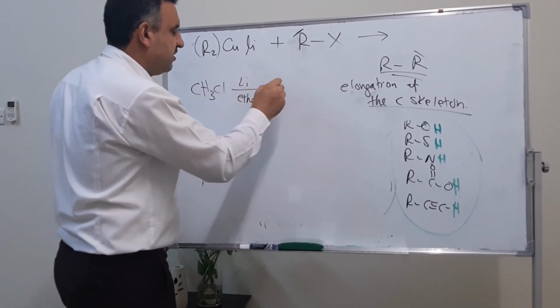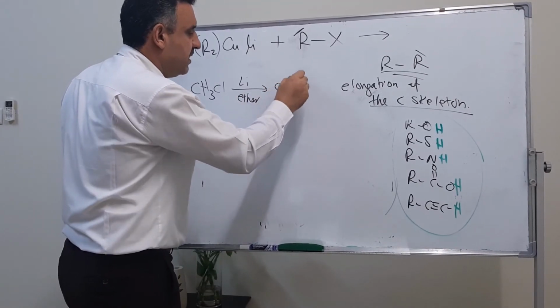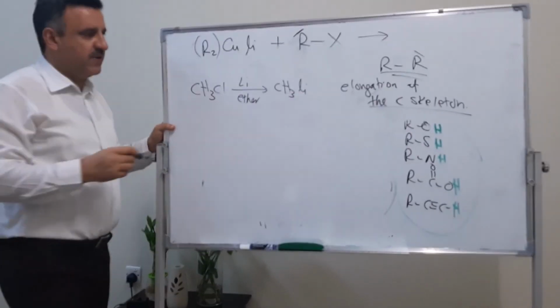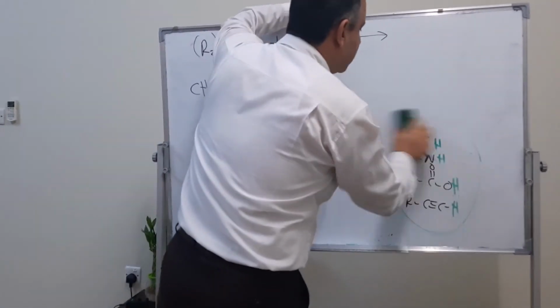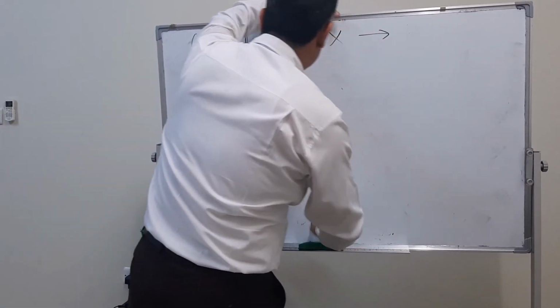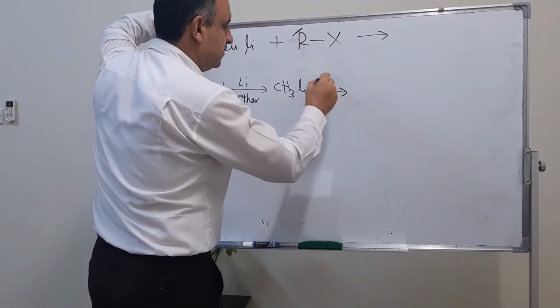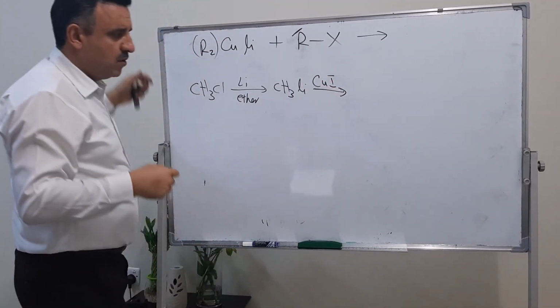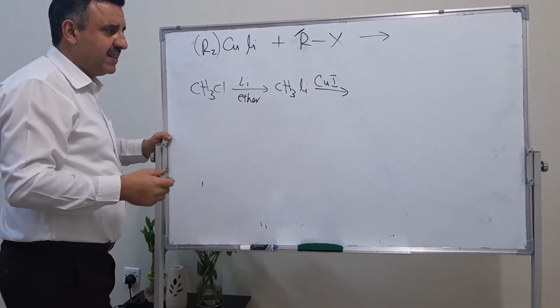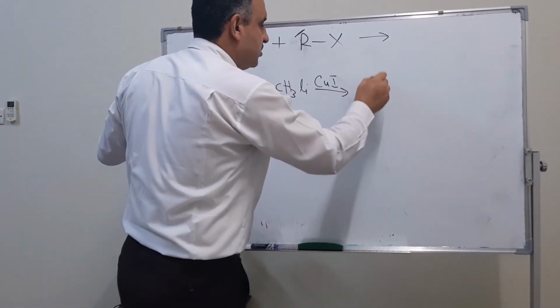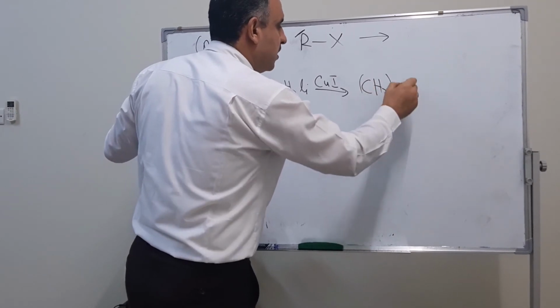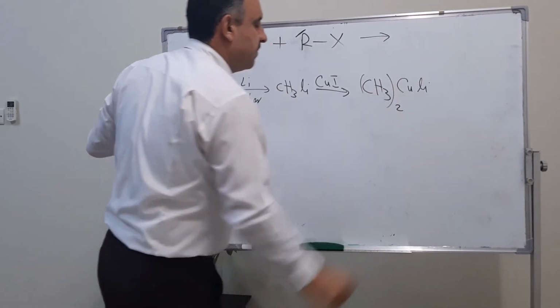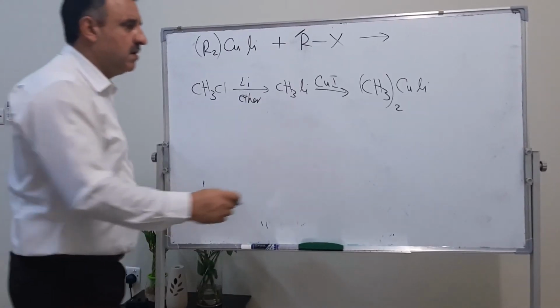What we are going to get first is methyl lithium. If we now allow the methyl lithium to react with cuprous iodide, copper iodide, we are going to get the Gilman reagent, which is (CH3)2CuLi. This is the Gilman reagent.